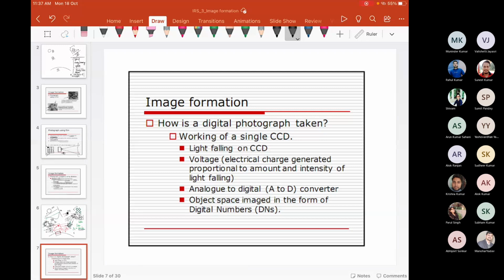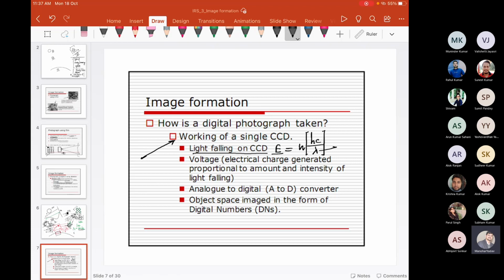Now, to understand the image formation in digital photogrammetry, the working of a single CCD, as I discussed before: light falls on the CCD from one picture element in terms of total energy E, that is equal to the number of photons and the energy within one photon, hc by lambda.